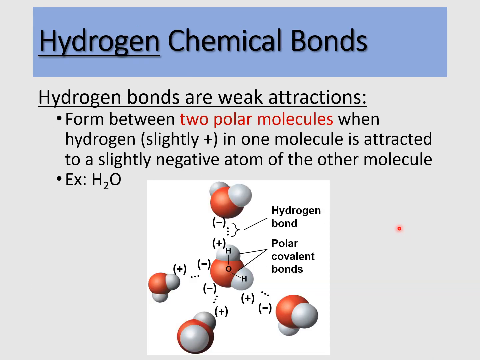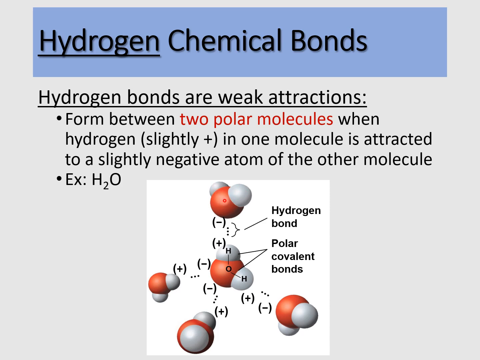So let's look at our hydrogen bond again. So again, this is going to be a bond between our 2 polar molecules. Our example is water, right? So if we look, we have these compounds that are slightly charged now. Okay, so it's not as charged as an ionic bond or these positive and negative ions. We have a slight charge. So water itself, H2O, is a polar molecule, meaning it's creating these polar covalent bonds between oxygen and hydrogen.